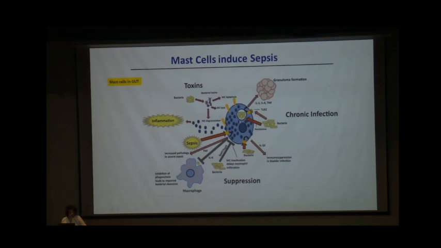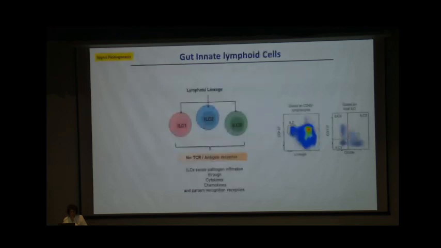This way, mast cells help in the sepsis progression. Of the sepsis or the SARS, are mast cells there? No. Mast cells are only coming up when there is little cytokine recruitment of the mast cells happening in the liver or in the intestine, in the organs, after the starvation.